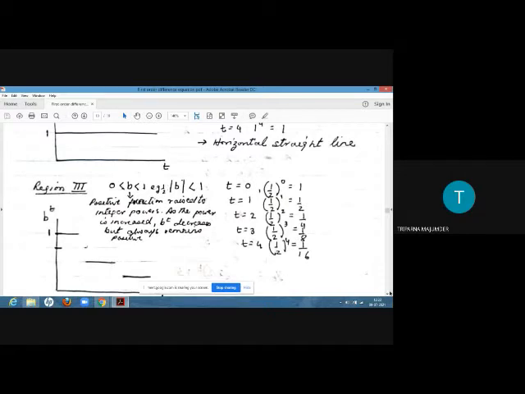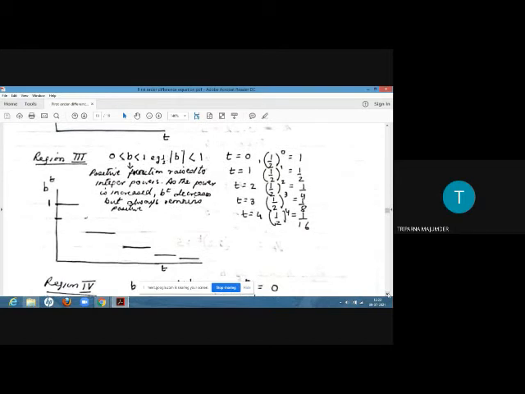When t is equal to 2, the value of b to the power t is equal to 1/4. So the distances between these steps go on decreasing as t increases.